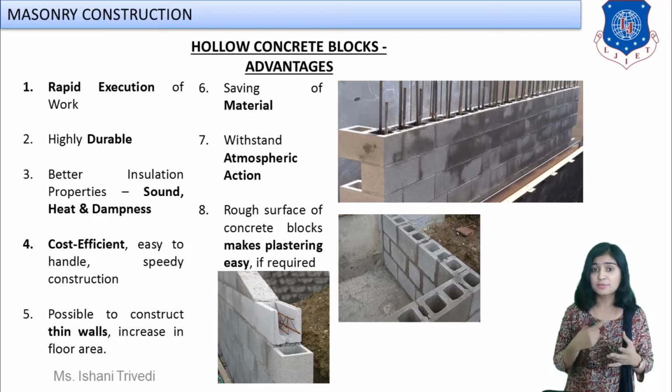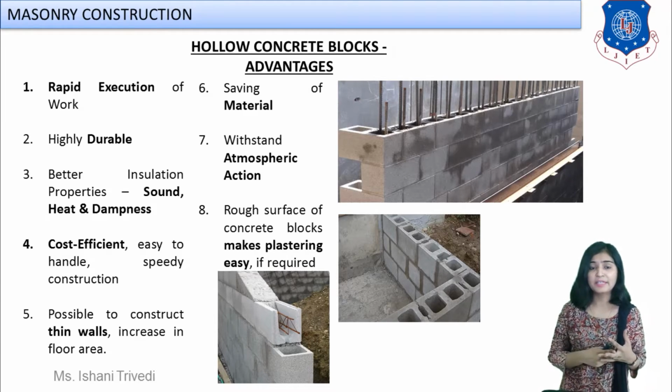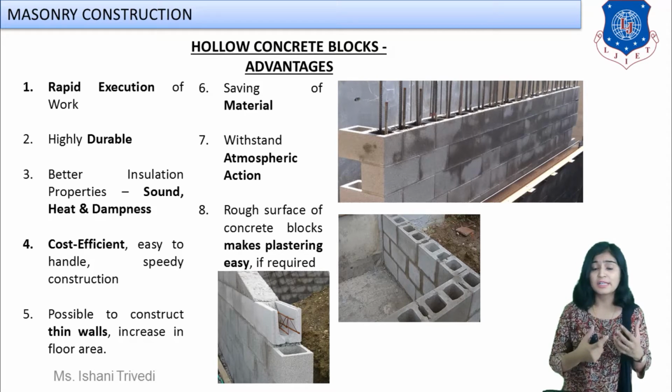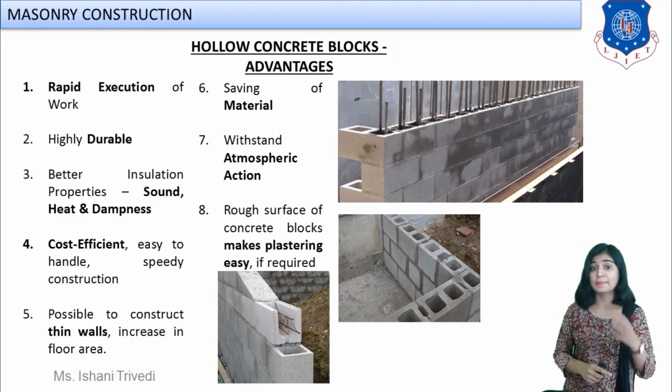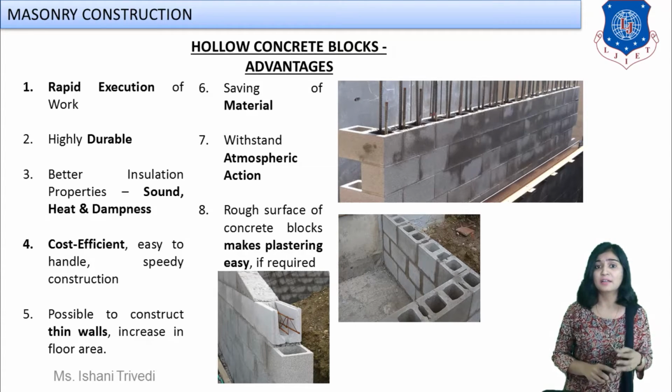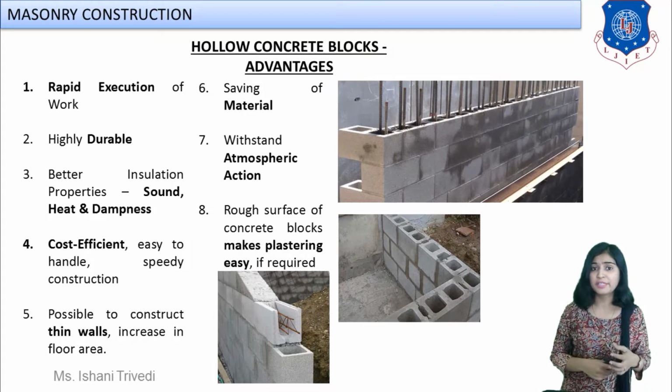You can also achieve thermal insulation and sound insulation using this cavity, the spaces which are provided in the block. We shall discuss the same in the cavity walls also, how this empty space or hollow space leads us to achieve thermal insulation and sound insulation.